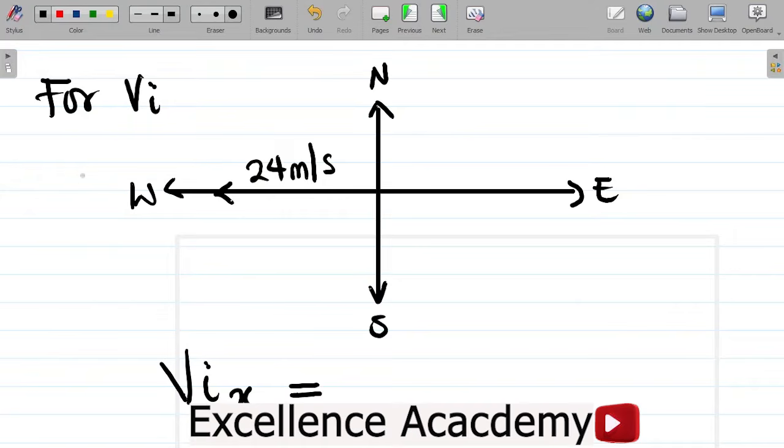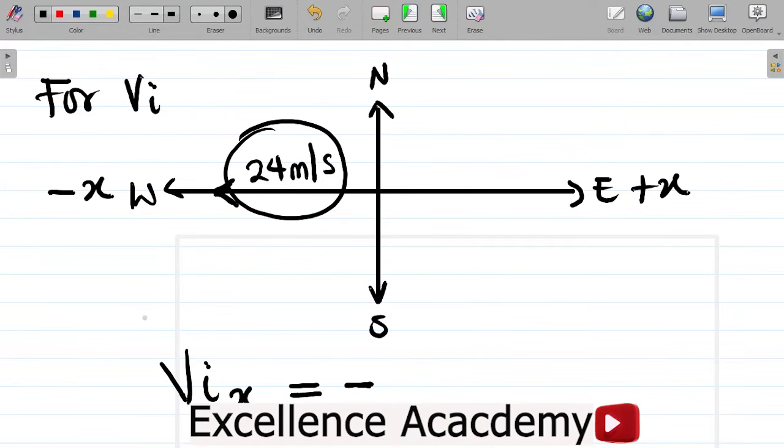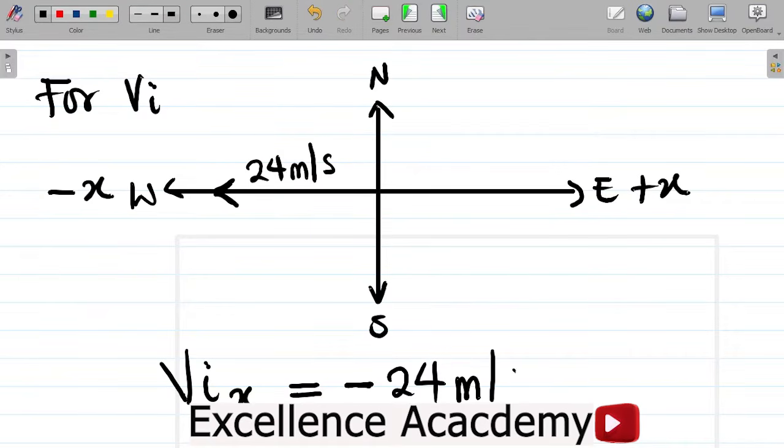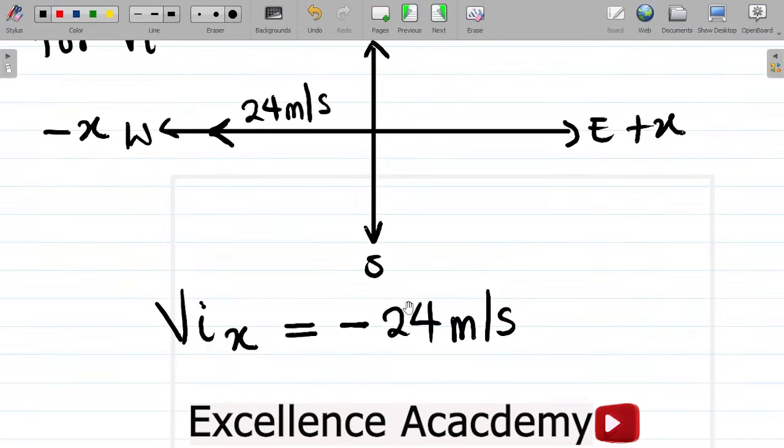This is the negative side of x, and this is the positive side of x. Since 24 is on the west side, which is negative x, it will come with a negative value. So I have minus 24 meters per second. Why am I not using any sine or cosine?